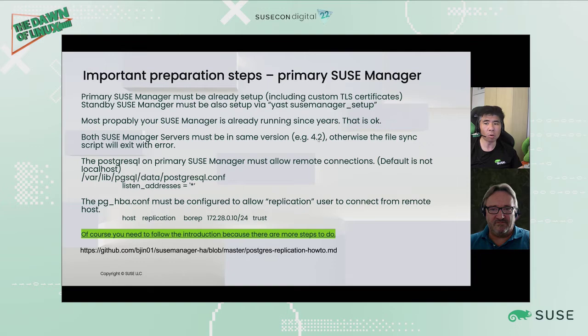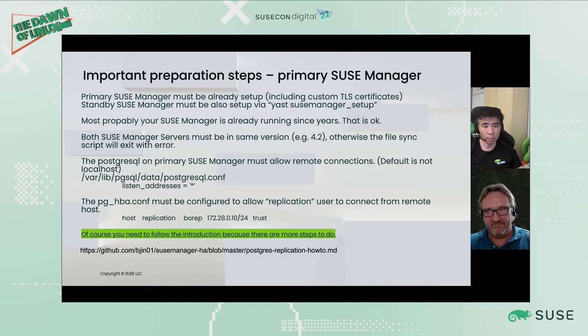And later in the rsync steps, I will also compare if the minor versions are the same, because as we know, SUSE Manager releases quite a lot of updates, and those updates also bring database schema updates. So I would like to avoid any failures and mistakes. Before I copy everything over, I want to make sure that both sides have the same system. If this is not the case, the bash script would throw an error.